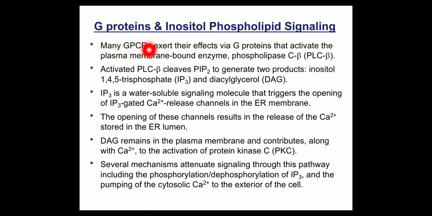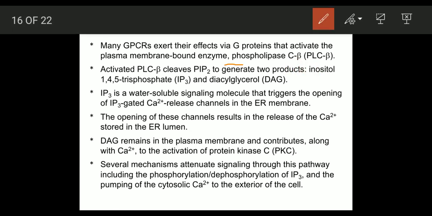Many GPCRs exert their effect via G protein that activates the plasma membrane bound enzyme phospholipase C beta. Now activated phospholipase C cleaves PIP2, phosphatidyl inositol bisphosphate, to generate two products.